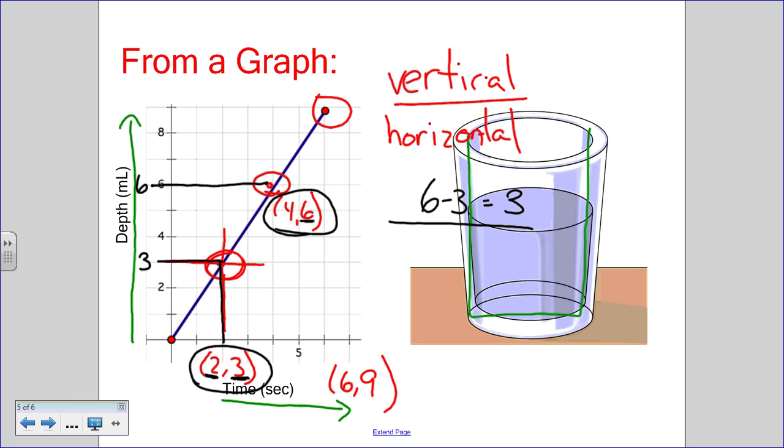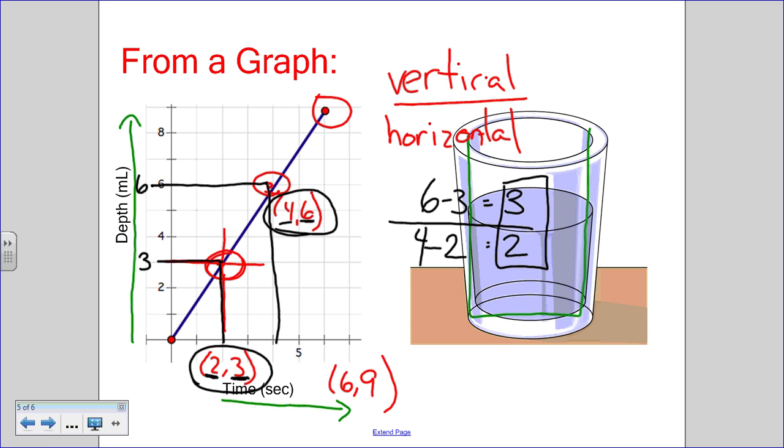What about 4, 6? Where does that cross the x-axis? You could draw your line again, or look in your ordered pair and see that it crosses at the point 4. So we would say 4 minus 2 for our horizontal change, which equals 2. This gives us a rate of change of 3 halves, or 3 over 2.